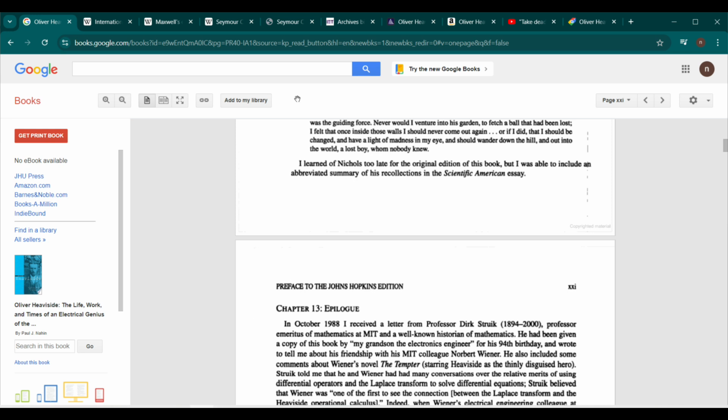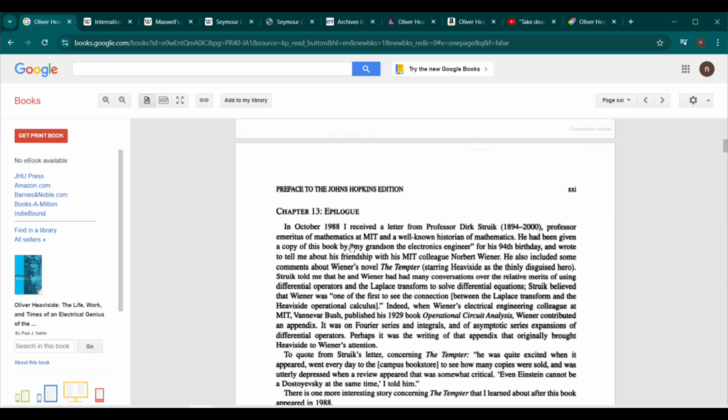I learned of Nichols' fate too late for the original edition of this book, but I was able to include an abbreviated summary of his recollections in the Scientific American essay.